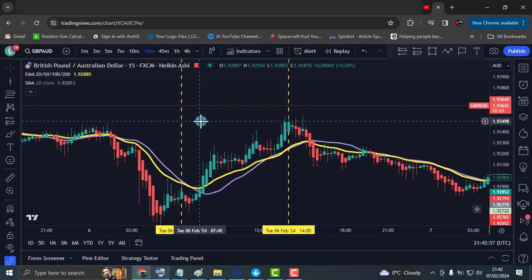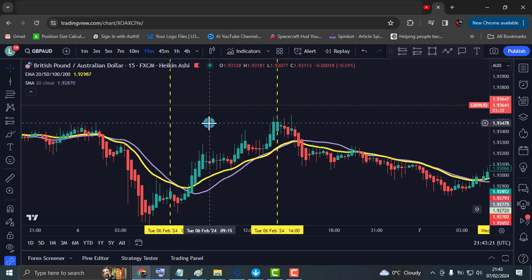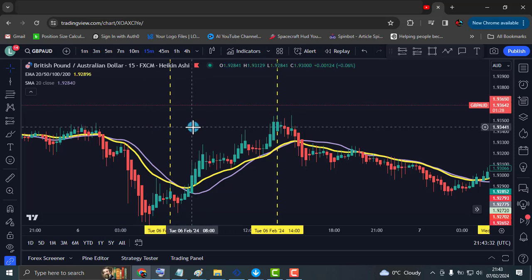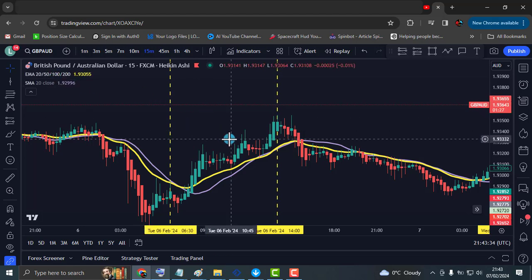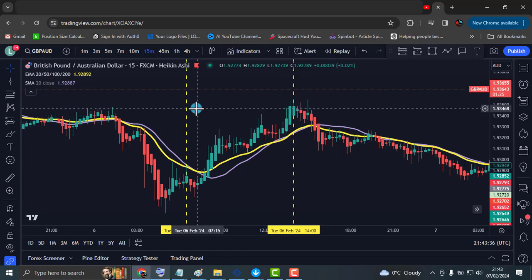Basically both of them lag, but as a confluence it's fine to show you the short-term or medium-term trend of the price of the asset or pairs you're trying to trade.